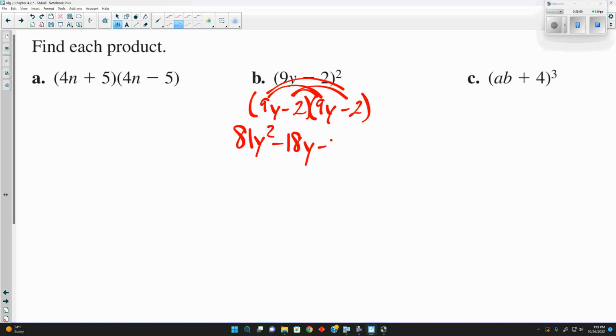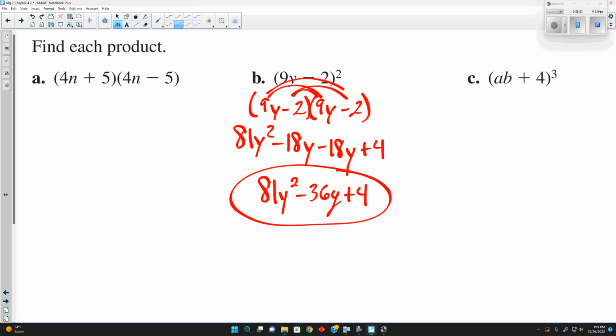Negative 2 times 9y is negative 18y. And negative 2 times negative 2 is plus 4. And for this one here, really, either method is going to get you to the same place in about the same amount of time.